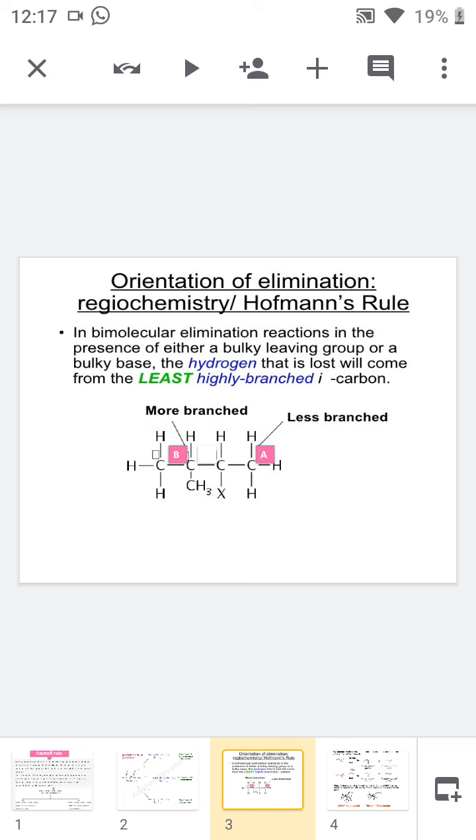Then the hydrogen that is lost will come from the least highly branched carbon atom.